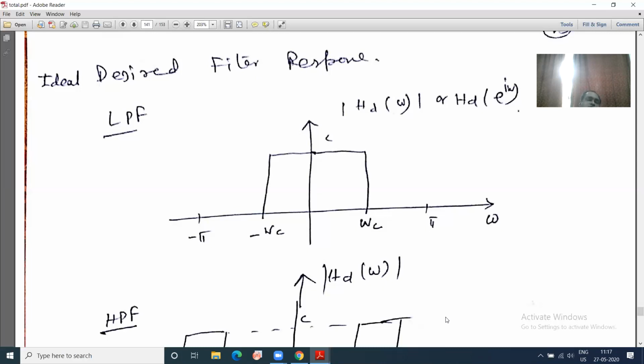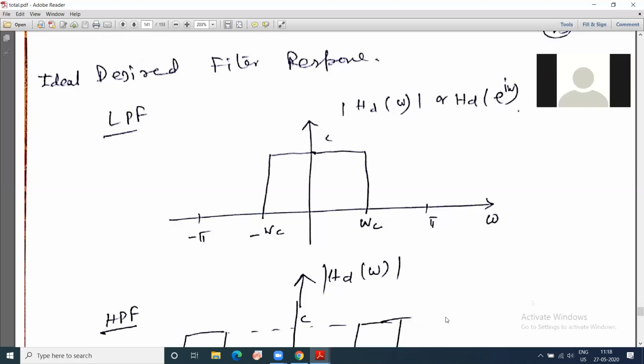These names are nothing to worry about; the window function will be specified in the problem. I will discuss all possible windows in your syllabus, and once we design all 12 filters, you should be in a position to design any FIR filter by the end. I will take another 4-5 classes on FIR filter design.